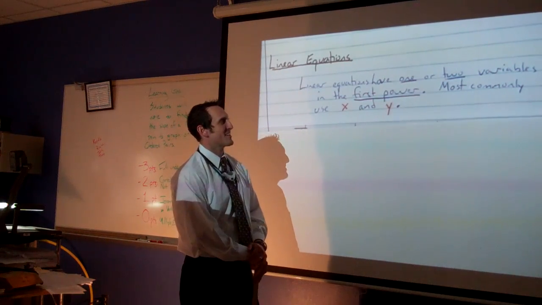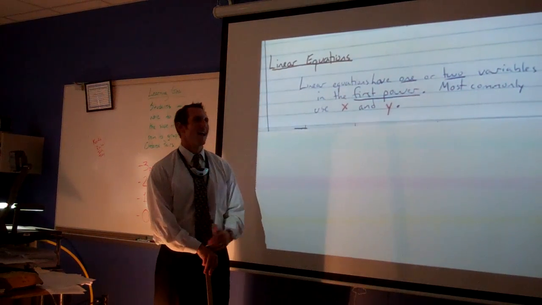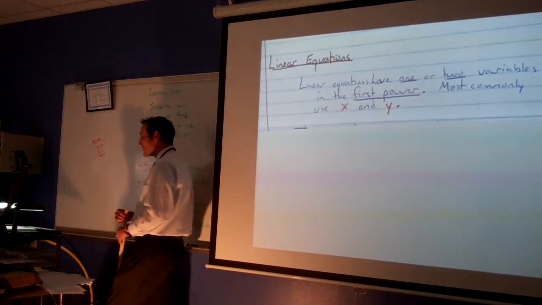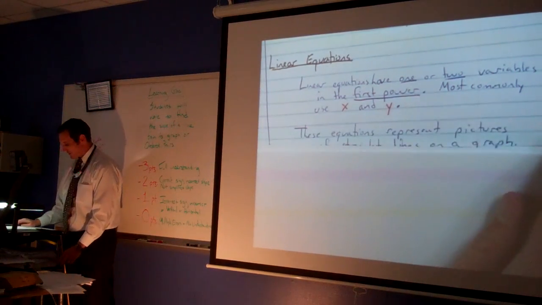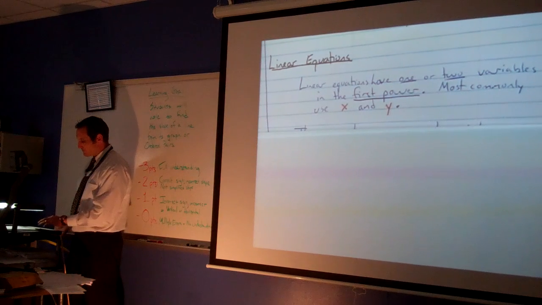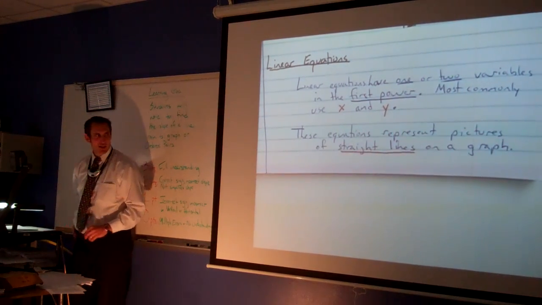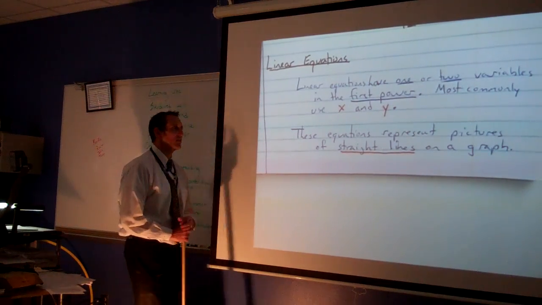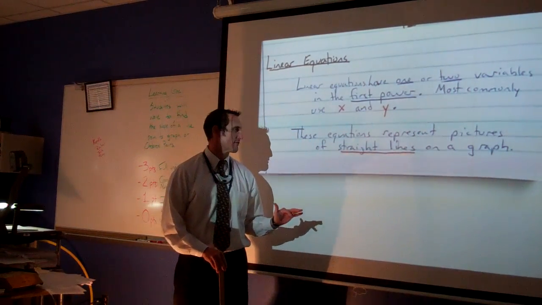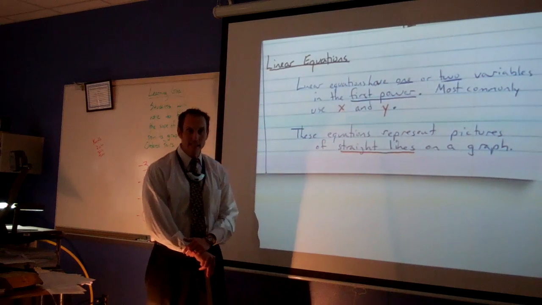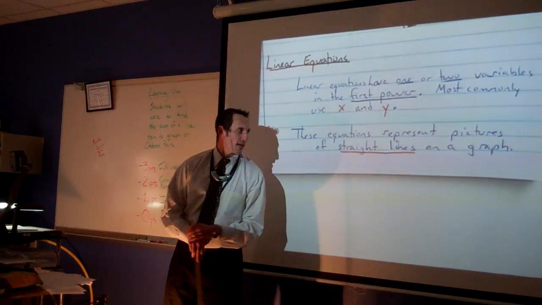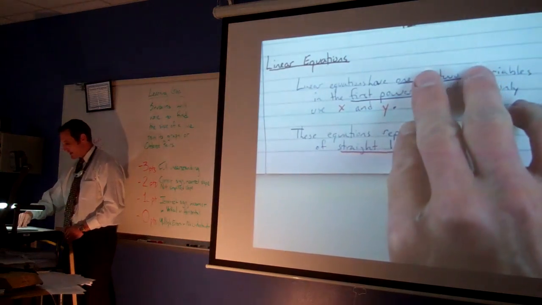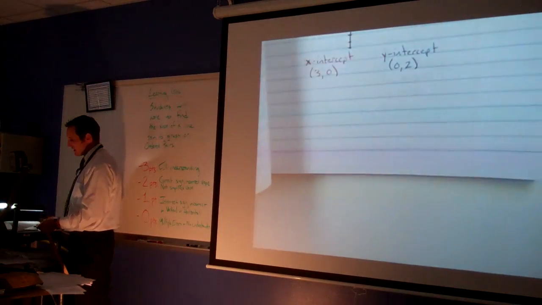Most commonly, the variables we use are x and y because we use them for graphing. Again, the equations represent pictures. For linear equations, they will make pictures of straight lines on a graph. And that is a linear equation.